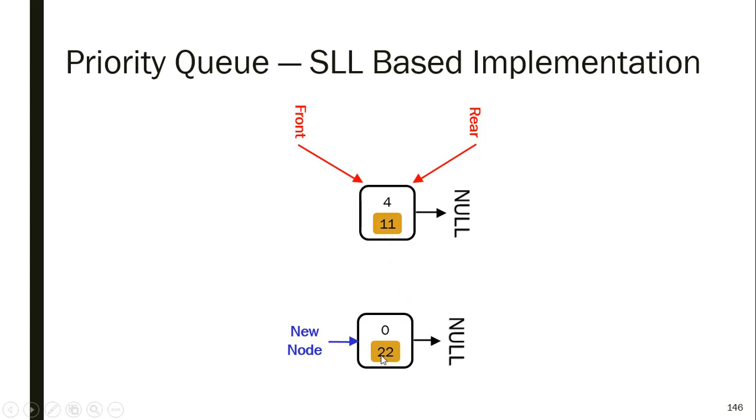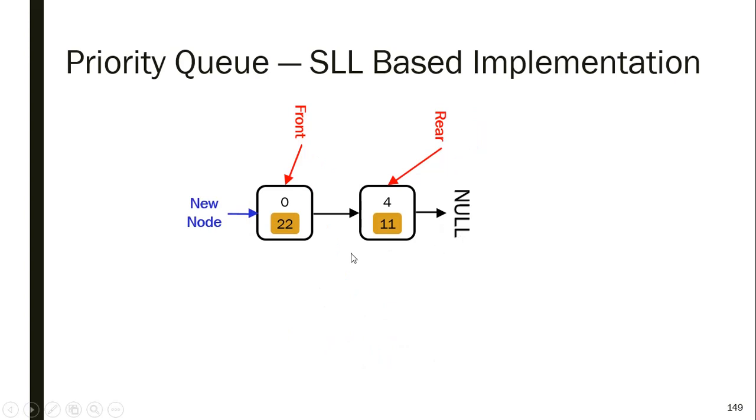So here the priority of the new node is greater than the priority of this front node, so it will become the new front node. First, new node dot next is equal to this front or this rear, whatever you want, it's just the same, and then front will point towards this one. So if you rearrange it, you will come to know that the problem has been solved.